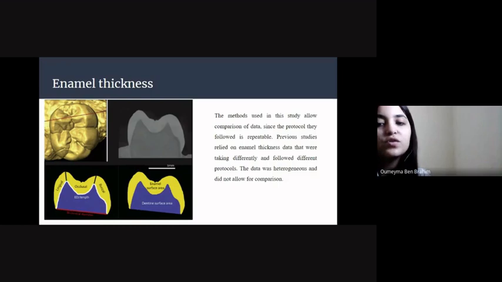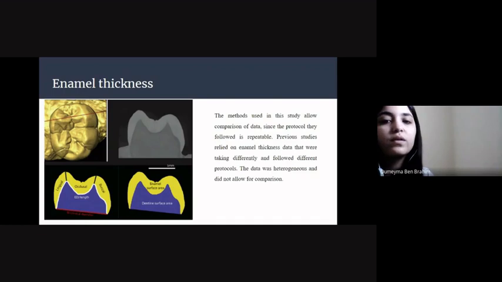Bottom right shows the surface area of the enamel cap in yellow and the dentine in blue. And bottom left shows the bicervical diameter measurements, red line, and the enamel dentine junction length measurements in a white line. While the black lines delimit the lingual, occlusal, and buccal regions used to measure the distribution of enamel across the crown.